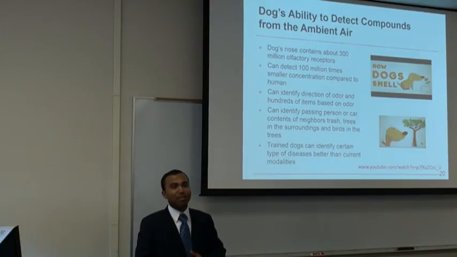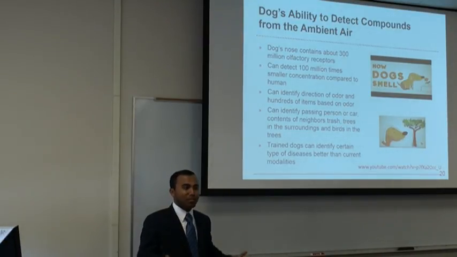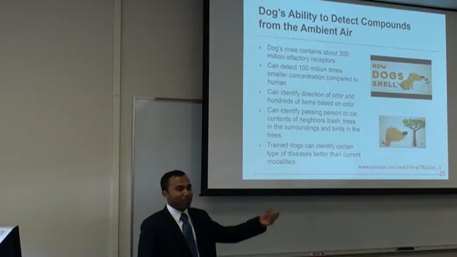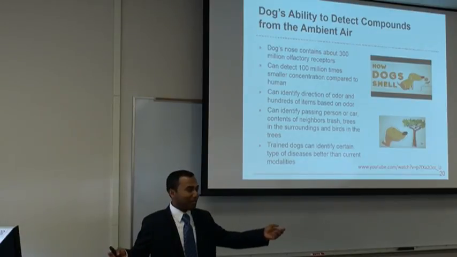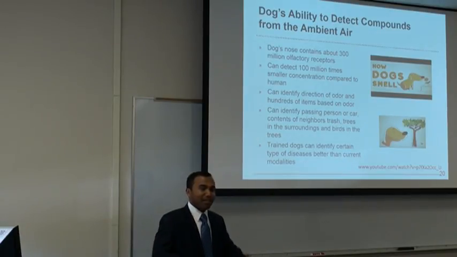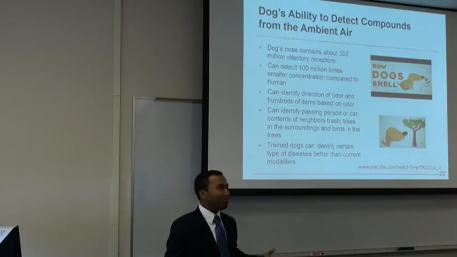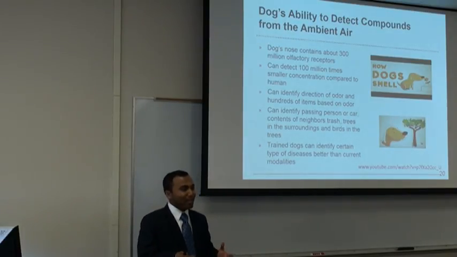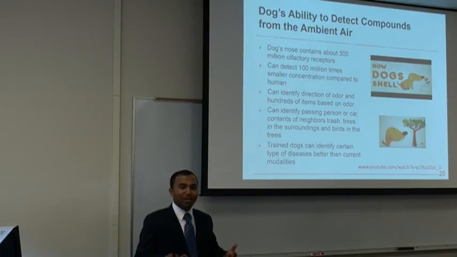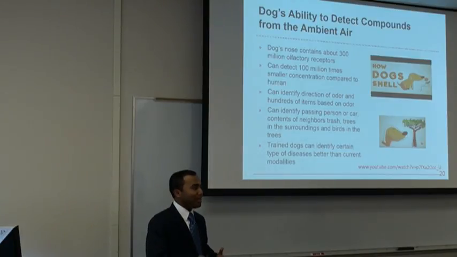If you are in an enclosed football stadium with perfume at one end, they can detect it at the other end. They can identify the trees around us, and they can even identify birds in the trees. So that also means there are things in the air that, if we have the right tools and analysis capability, we can actually detect.